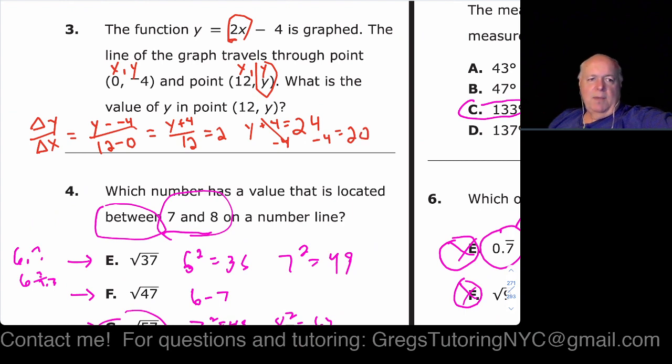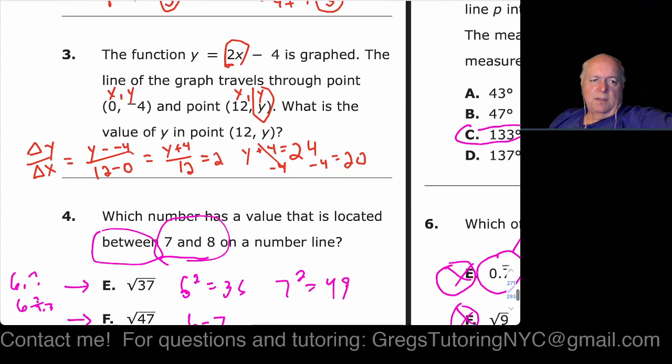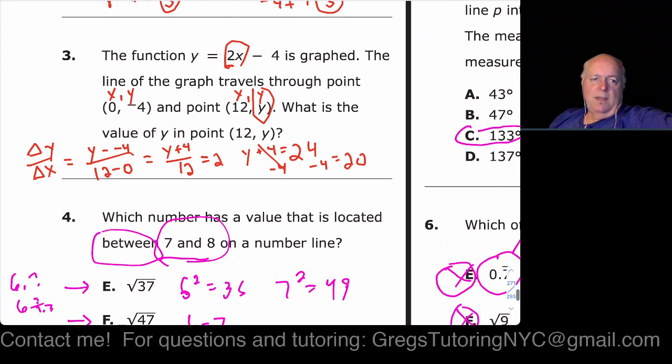By the way, we can check that because if we make this 20, we have 20 equals 2x minus 4. If we add 4 to both sides, we get 24 equals 2x, and if we divide both sides by 2, we get x equals 12. And that's what we started with. That's what they gave us, 12 comma y.